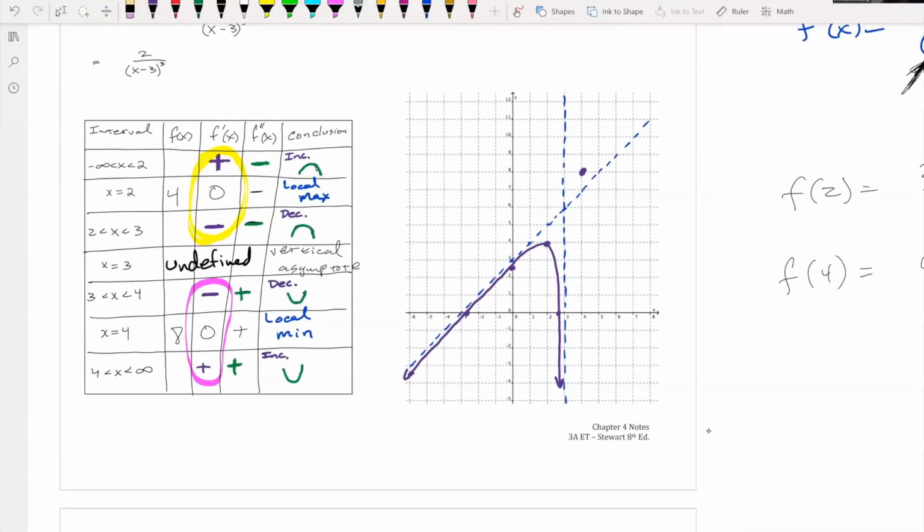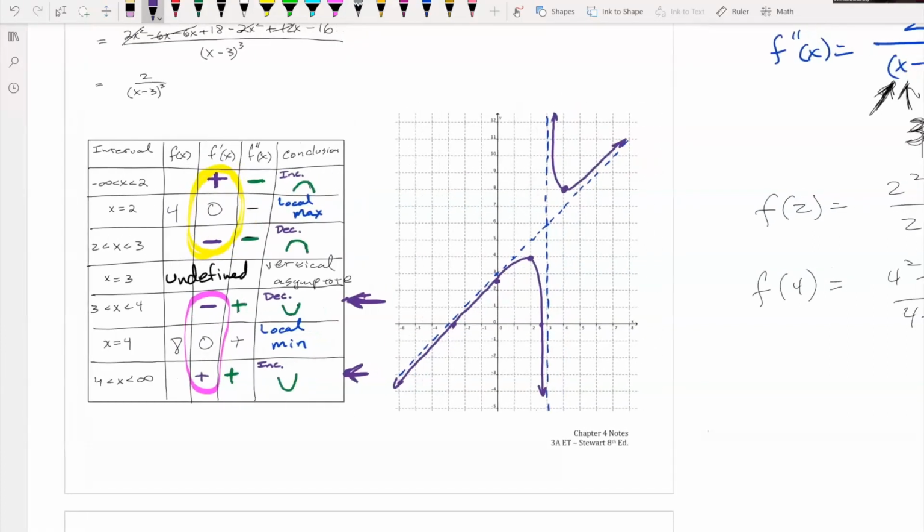And then over here, we're decreasing and concave up, followed by increasing and concave up, and that's going to look like this. Decreasing concave up, increasing concave up. And so that is that graph. Just to make us feel really good about what we've done, here it is on GeoGebra.